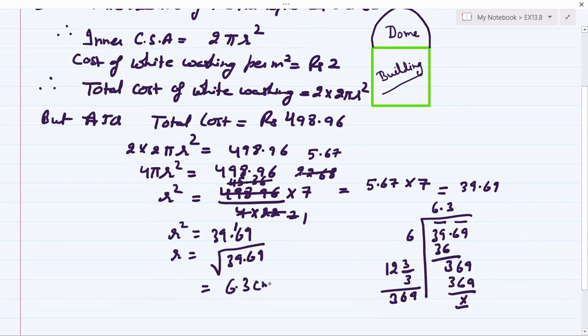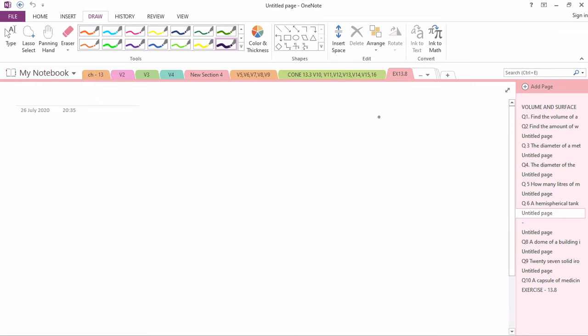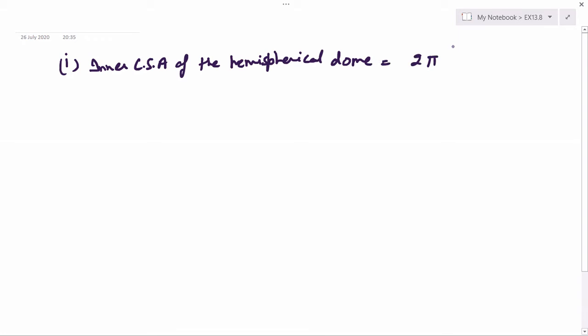So your radius is 6.3 centimeter, right? Now what I have to find out? I have to find out the inner curved surface area. Now its first part is the inner curved surface area of the hemispherical dome, equal to 2 pi r square.